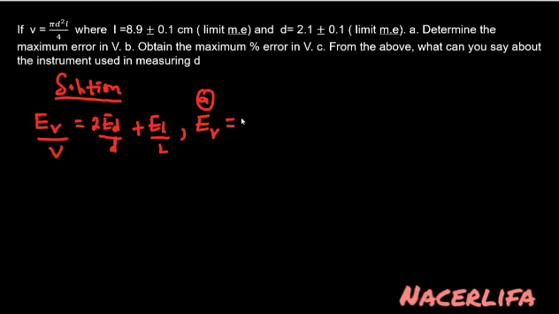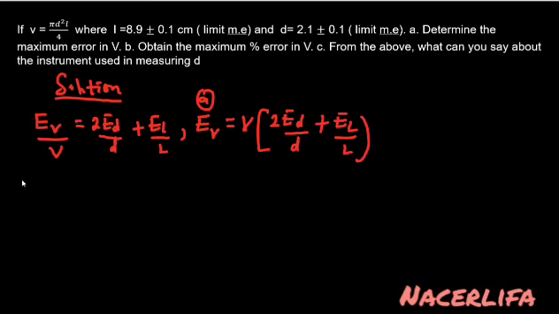So how do we do that? To have V, you have 2 times maximum error in d upon d plus maximum error in l upon l. So you see, in this problem, we don't know the V. How do we get the V?